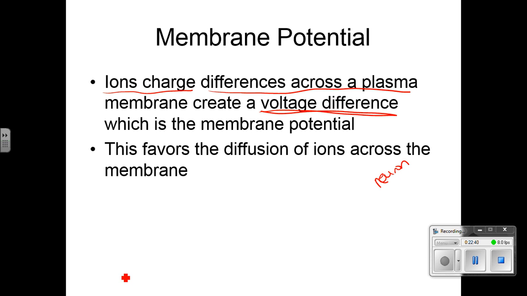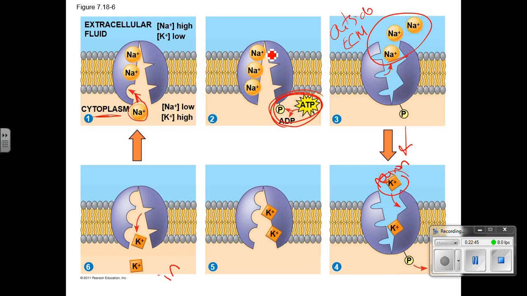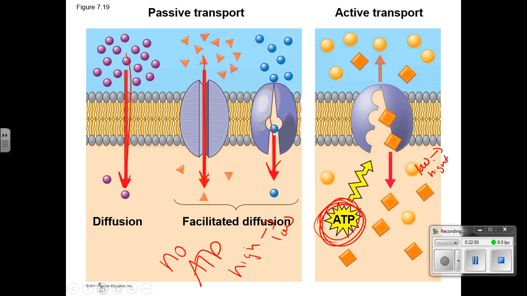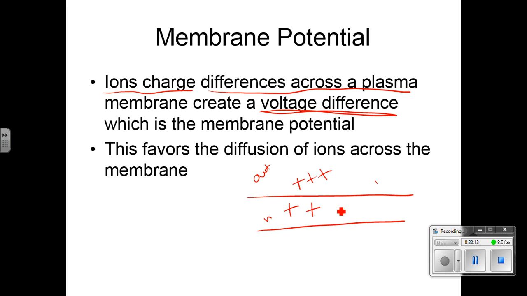So notice that sodium and potassium both have a positive charge. This is the outside of a cell, and this is the inside of the cell in a neuron. They both have positive charges, sodium and potassium.